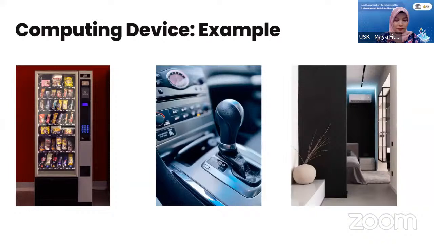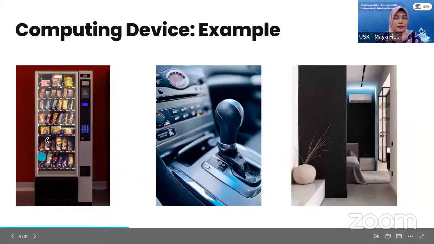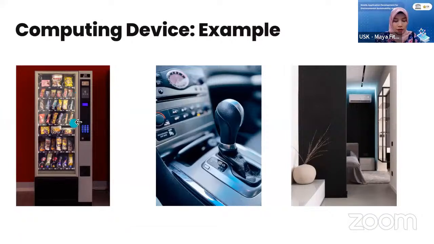And this is an example of a modern vending machine that uses a microprocessor to better control its climate, to store the food better, to monitor purchases, and to report an issue if the snacks like M&Ms or Snickers are running low, or when the snacks have run out of the vending machine.